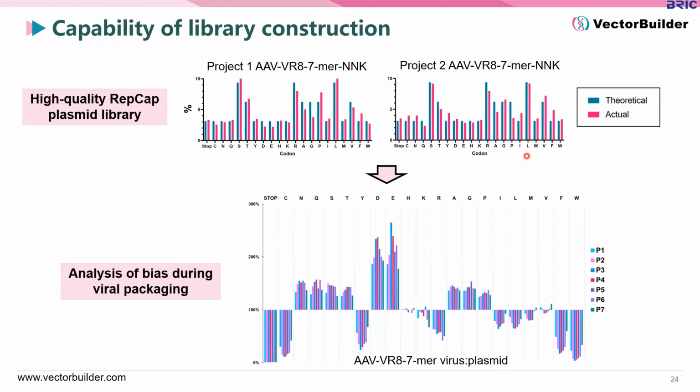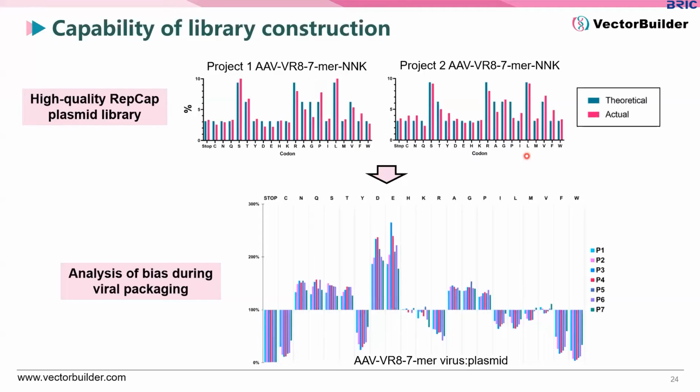In different projects, we have been providing, for example, a 7-mer peptide display library in the VR8 of one of the AAV serotypes. Our actual NGS sequencing result shows that the library is very close to the theoretical composition.